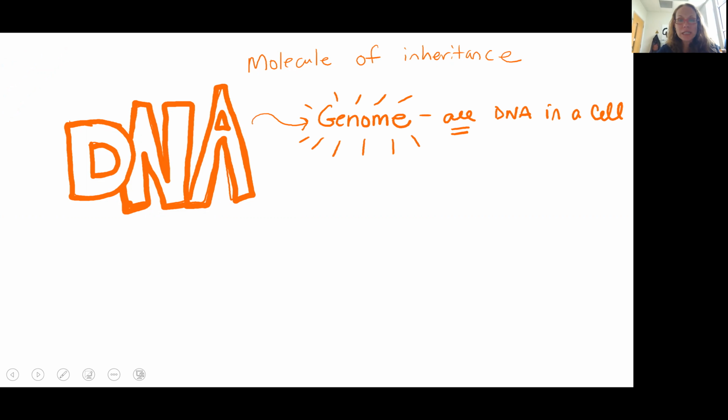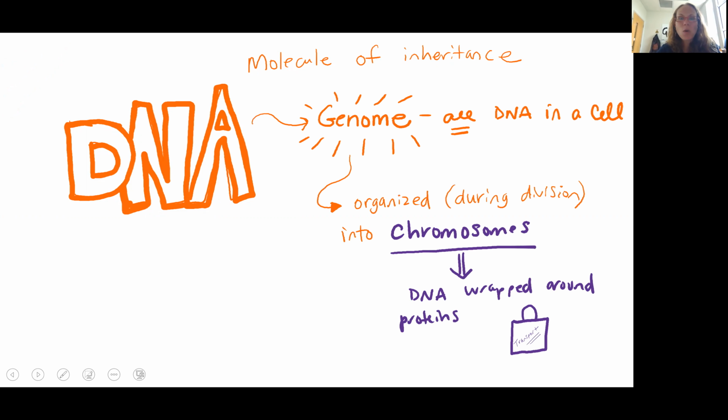Now, all of the DNA in the cell is referred to as the genome, and it's made up of units called genes, and each gene is coding for a protein. When we talk about the cell preparing for division, one of the things it does is package up that DNA into a structure called a chromosome. This is basically just wrapping that DNA around proteins.